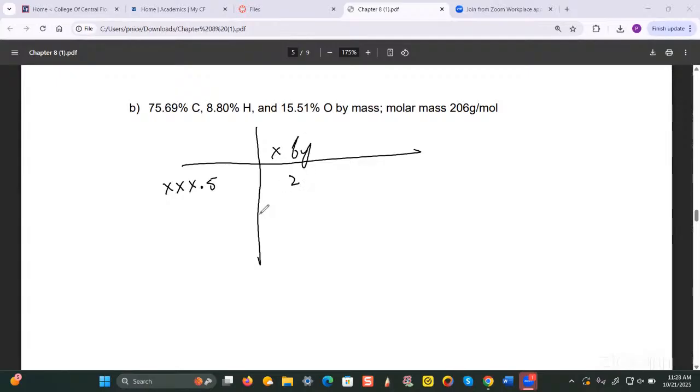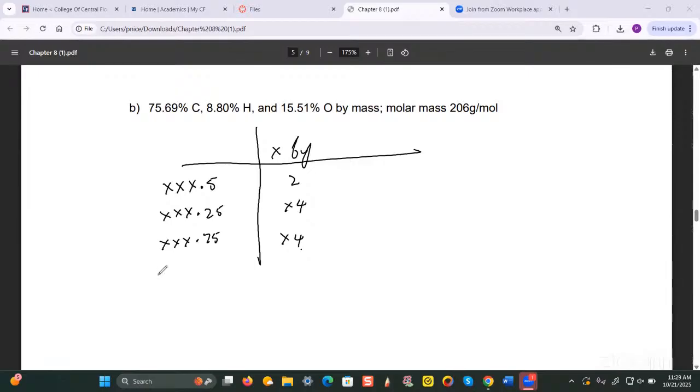All right? So if it's like 2.5, 3.5, whatever, anything .5, multiply by 2. If you have a number which has .25 after the decimal point, then you multiply by 4. All right? If you have a number followed by .75 after the decimal point, then you multiply by 4.